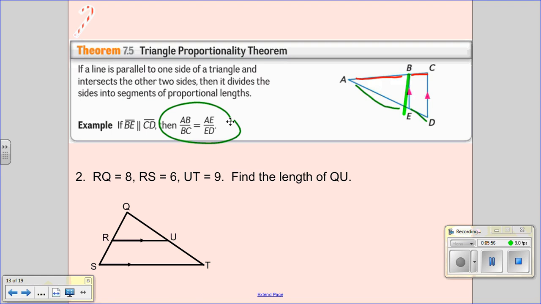So because that theorem is true, you're welcome to use that theorem in certain situations. It may not work in every situation.